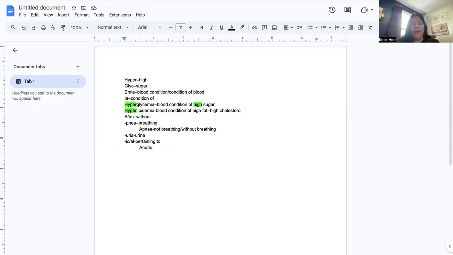So if your client is not producing urine, remember we start at the backside, so pertaining to, or you could say a condition of, but pertaining to without urine, right? I see pertaining to A without. We've got that uria in there. Now it's split up a little bit, but same thing. So without urine. So your client is not producing urine.